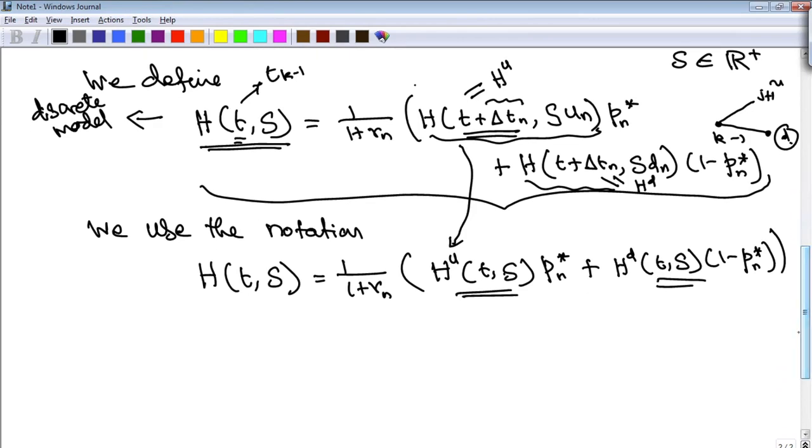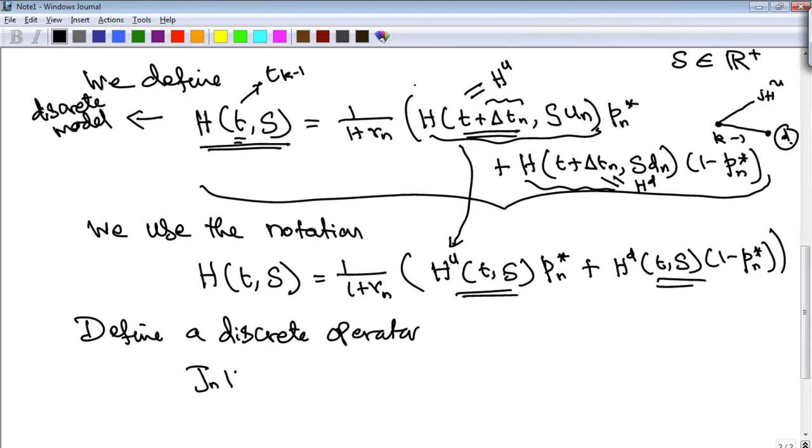I have not done anything more. Now I will define a discrete operator J_n. This is the operator acting on the price h.